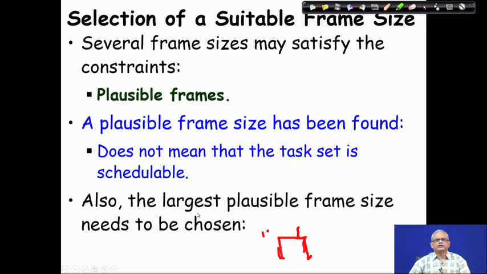If we find that multiple frame sizes become possible, then we need to choose the largest of those frame sizes. Let us say the frame size 5 and 8, both of these are possible.